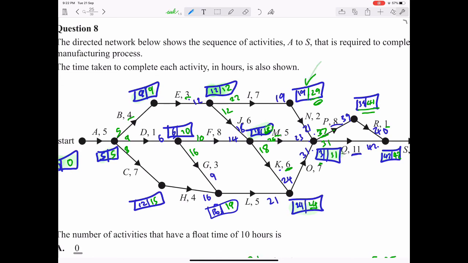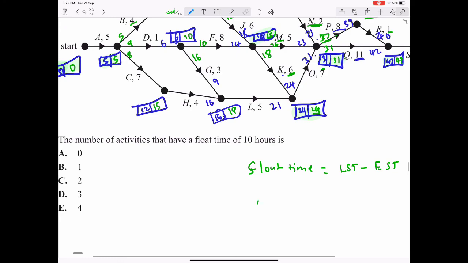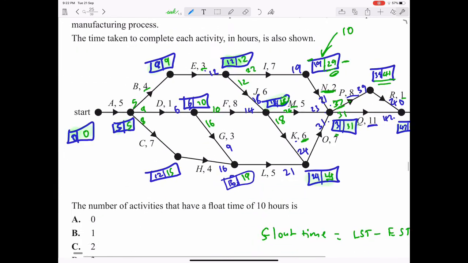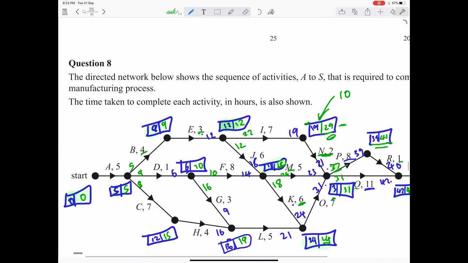29 latest start time minus 19 early start time is 10, so therefore N has a float time of 10, so that's one activity we have so far. And if we look at activity I, 22, which is the latest start time, minus 12 early start time, that gives us also a float time of 10, so therefore that's another activity.